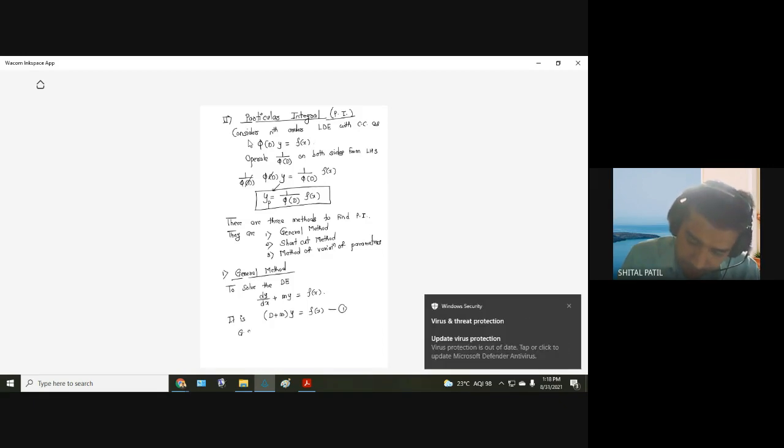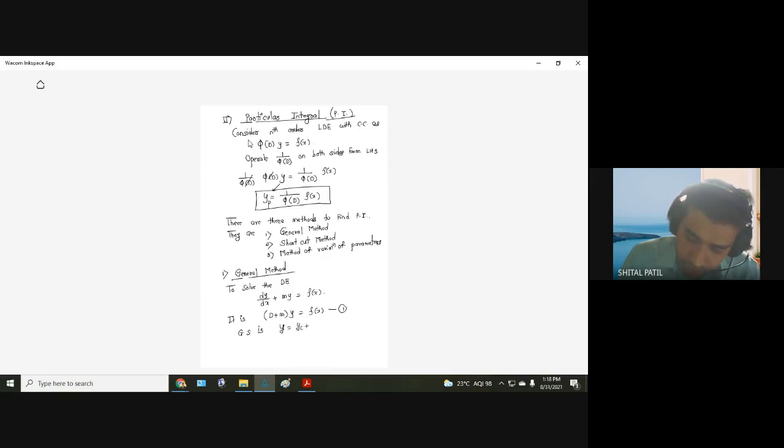Then general solution is, what is general solution? y equal to y of c plus y of p. First part complementary function. Okay. And for that auxiliary equation is required, right? And what is the auxiliary equation? D plus m equal to 0.